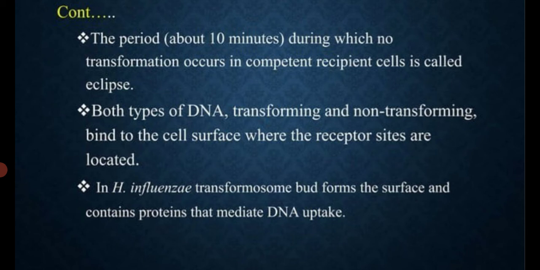Both types of DNA, transforming and non-transforming, bind to the cell surface, where there is a receptor site. But in Haemophilus influenzae, there are transformosome buds formed on the surface which contain protein, and that mediates DNA uptake and penetration.